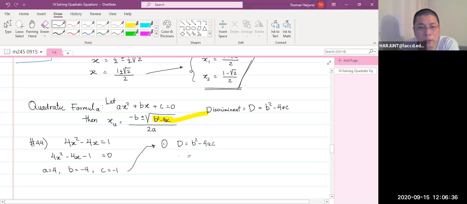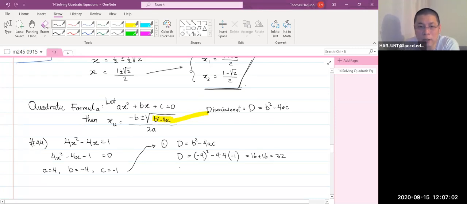That is -4 squared minus 4 times a times c. That is 16 plus 16, that's 32.